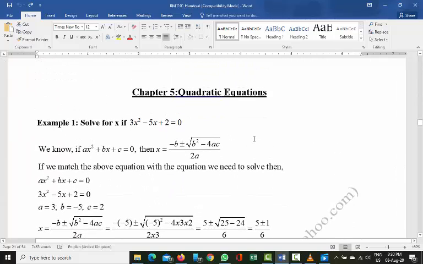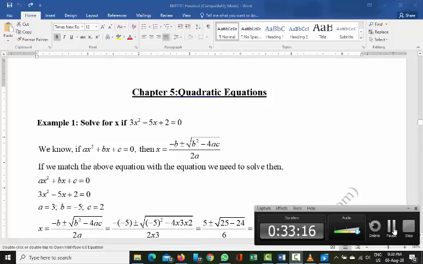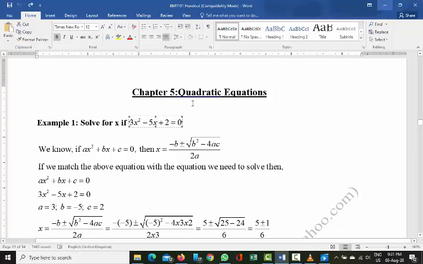Now we will move to chapter 5, quadratic equation. This is a quadratic equation, or in other way we can call it a second degree equation.